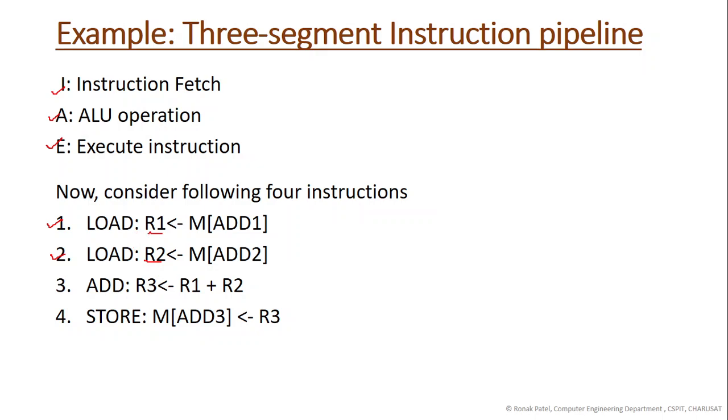So while the data is transferred from memory to register, at that time the next instruction can be fetched because we have 2 different buses. Then add R3, R1, R2: store the result of R1 plus R2 into R3, and then store that register result into memory at address 3, right?